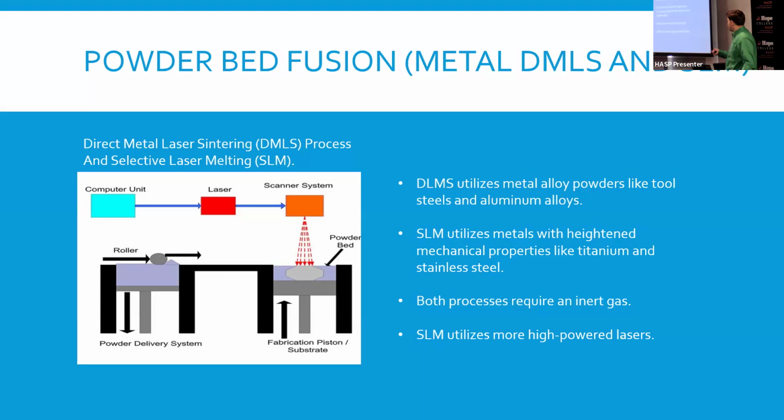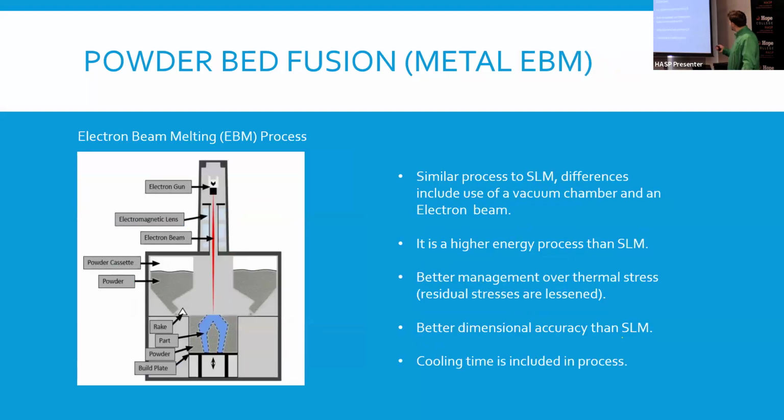Like I mentioned before, SLM uses more high-powered lasers. What that means is you can melt metals with heightened mechanical properties like titanium and stainless steel, like mentioned before. And of course, we have to have an electron beam version of this, just like DED. So this is electron beam melting.